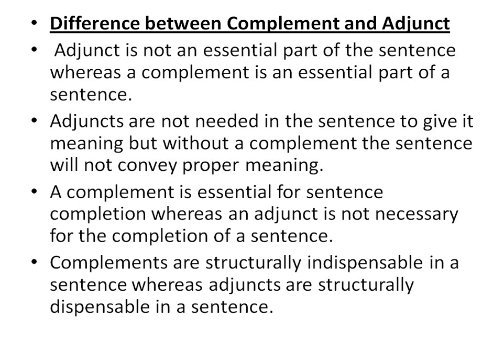A complement is essential for sentence completion, whereas an adjunct is not necessary for the completion of a sentence. Complements are structurally indispensable in a sentence, whereas adjuncts are structurally dispensable. So these are some differences between the complement and adjunct.